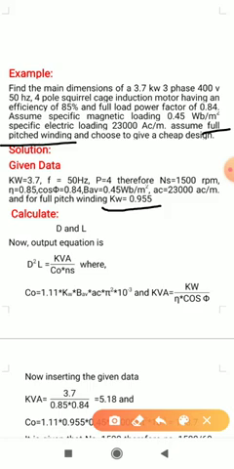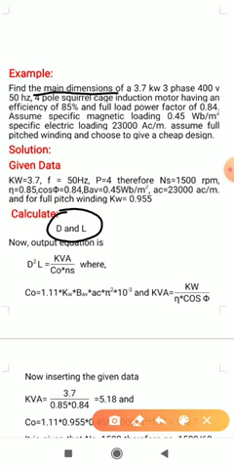Now here in this example peripheral speed is not given, and it is asked to find the main dimensions, that is D and L, which gives a cheap design. So what is the meaning of this? It means we want to find the value of the D and L such that it gives the minimum cost design, that is called as cheap design.